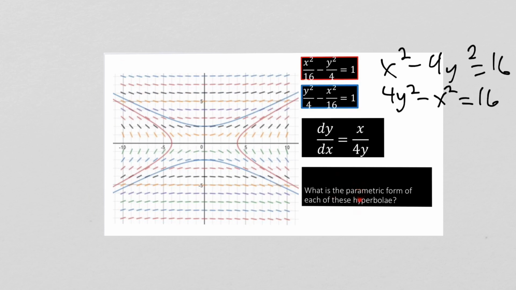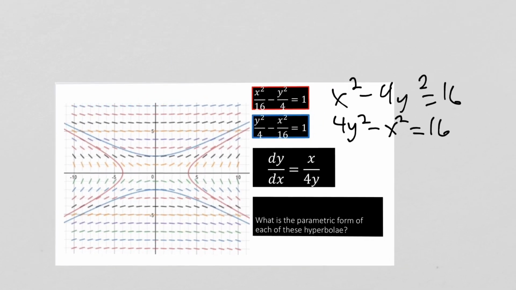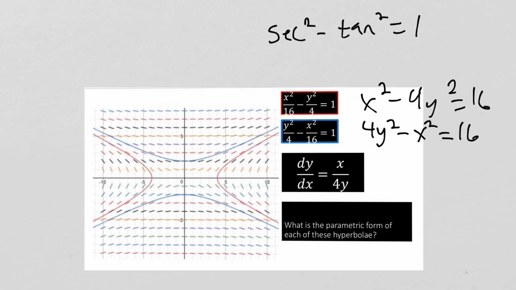So let's think about what these are in parametric form. Let's try to go from this form back to parametric form. I can do this for one of these. We know that secant squared minus tangent squared is equal to 1. So what's secant squared equal to? Secant squared is equal to x squared over 16. Just lining these up, right?